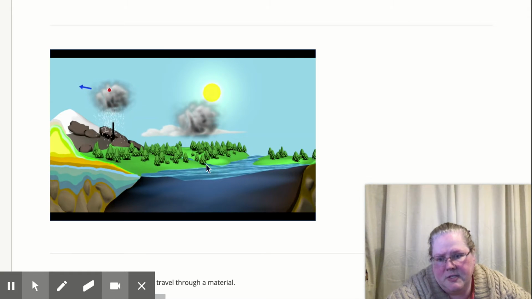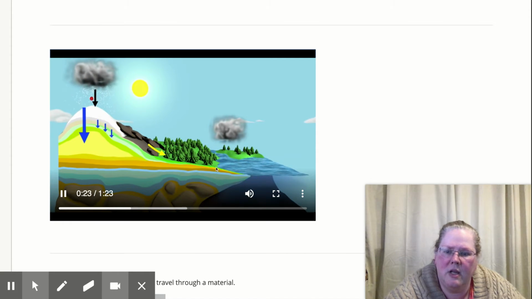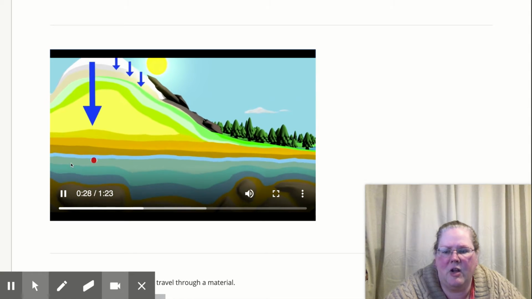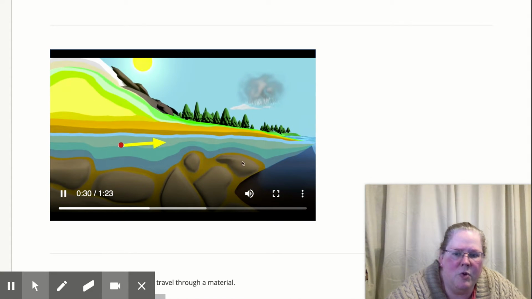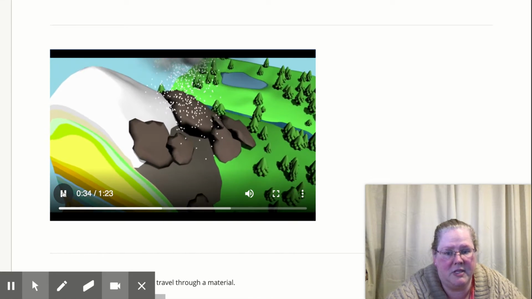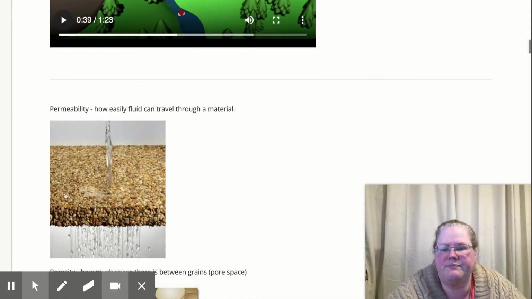Then it falls as precipitation, it falls on the land, and it can do runoff, or it can percolate through into groundwater. And that groundwater also, remember, moves laterally towards the lowest point, which in most places will be the ocean. And remember, it can fall as snow or rain or sleet or hail.